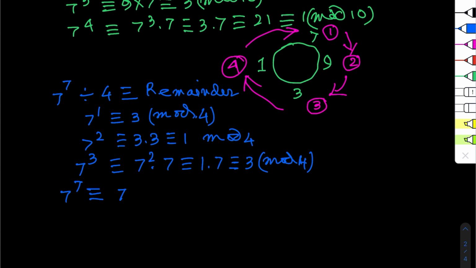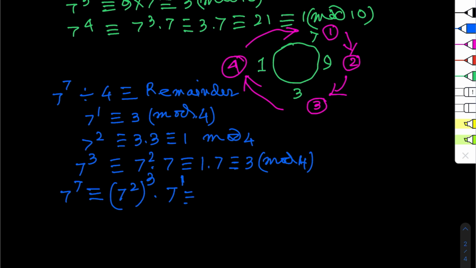Very easily we can write 7 to the power 2 whole to the power 3 into 7, because 7 to the power 2 whole to the power 3 means 7 to the power 6, and 7 to the power 6 into 7 to the power 1 means 7 to the power 6 plus 1, that means 7 to the power 7. So 7 to the power 7 can be written in this way.